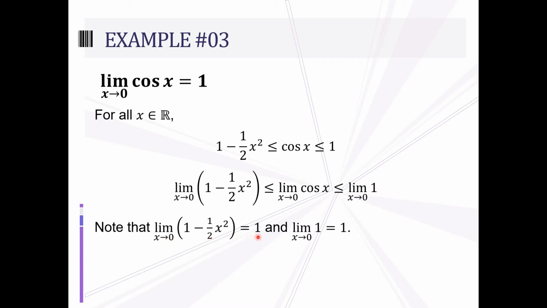So we have equal to 1 kasi this is 1 minus 1 half times 0, kaya 1. And yung limit ng 1 as x approaches 0, syempre constant yan, so the constant itself, 1. So since 1 yung limit nito, at 1 din yung limit nito, then by the squeeze theorem, we say that the limit of cosine x as x approaches 0 is equal to 1.